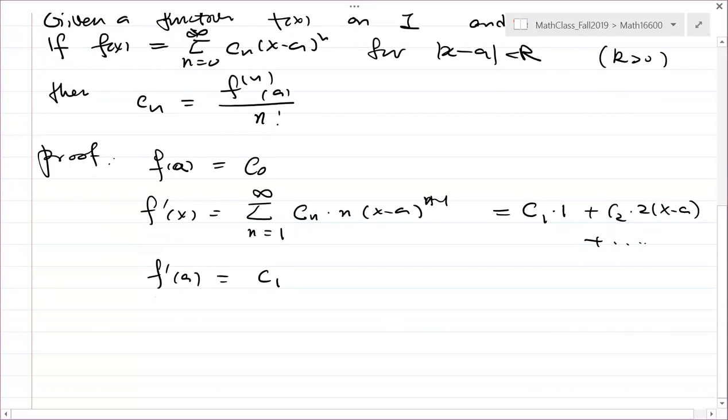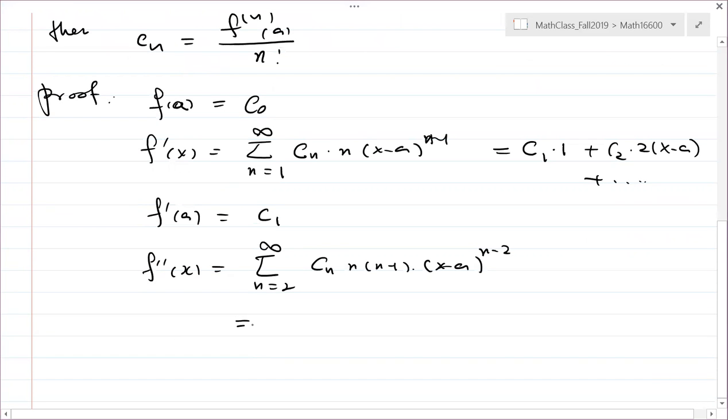We continue to differentiate, so the second derivative. The first term is gone, so n starts from 2. It will be c_n times n times (n minus 1) times (x minus a) to the n minus 2. If you write down the details, it's c2 times 2 times 1, which is 2 factorial, plus c3 times 3 times 2 times (x minus a).